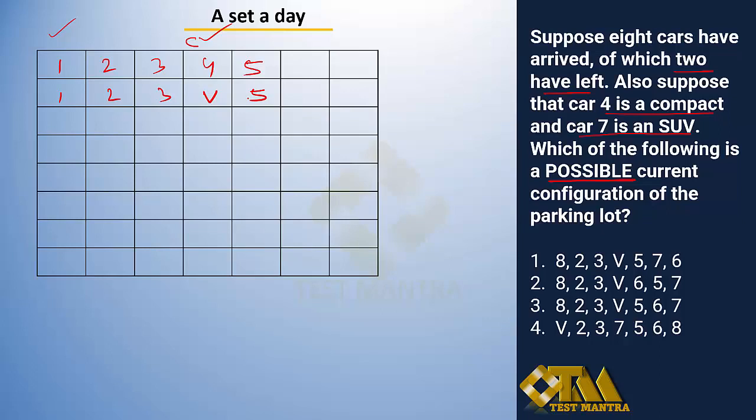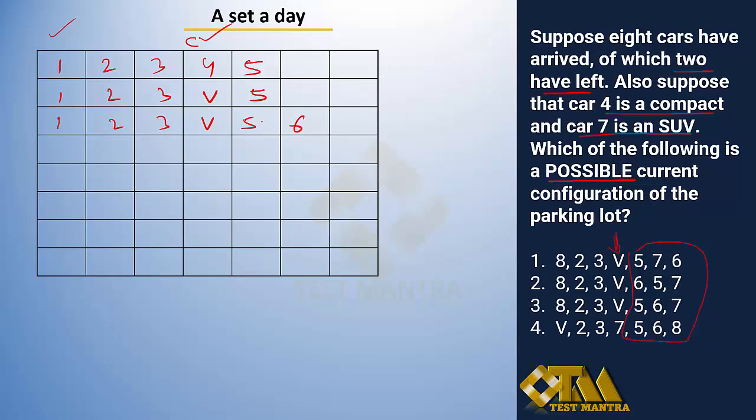If we see all these options, this part is vacant. The last 3 parts, 5, 6, 7, are arranged in a different order. So the next possibility is I'll insert 6 here: 1, 2, 3, V, 5, 6.